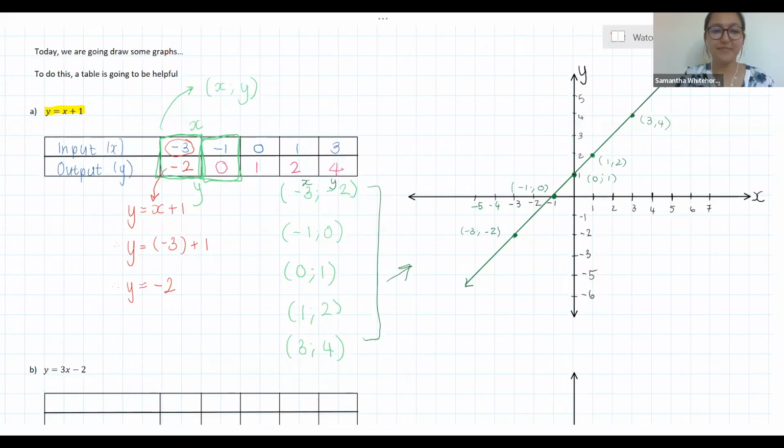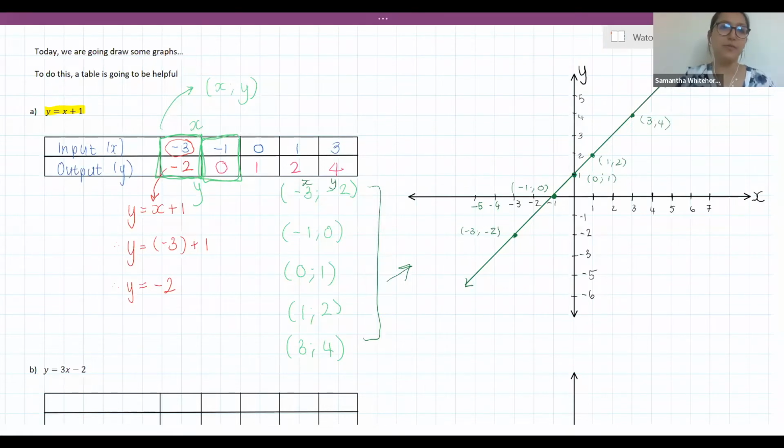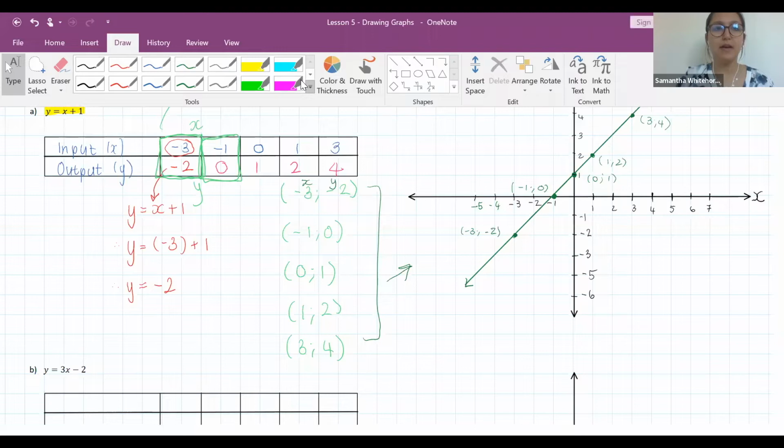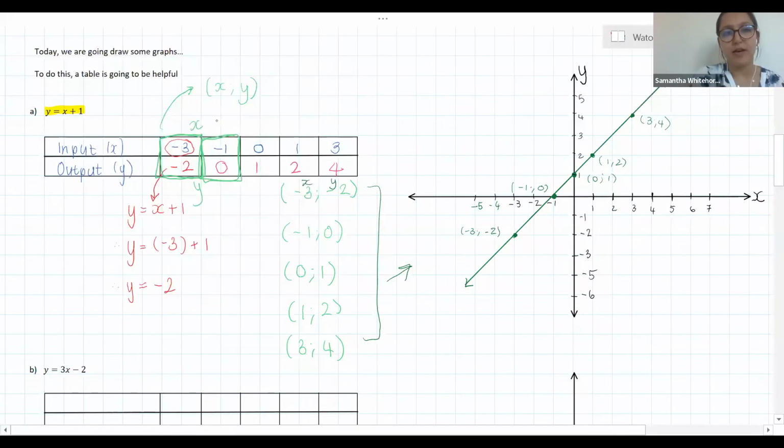Alrighty. So guys, what we can see here, if we go back to our table, is that all along the X values, as I increase the X's, my Y's were also getting bigger. I went from a negative Y all the way up to a positive Y. So I was increasing my Y's. And if we now have a look at our graph, this is an increasing graph. It is increasing from left to right.